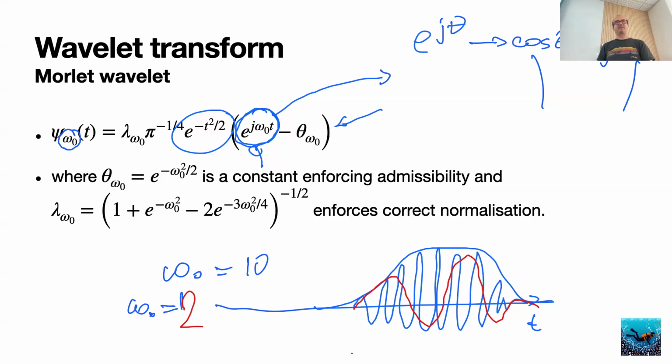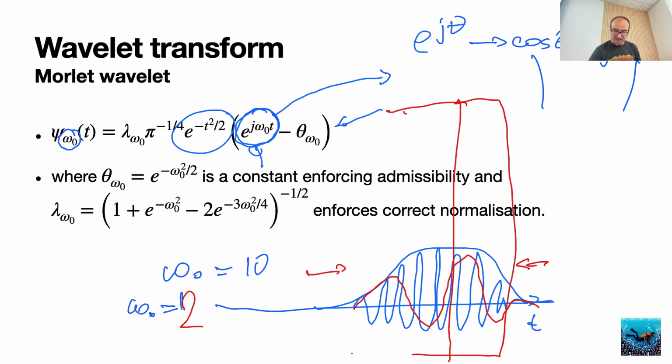And why is this important? Well, imagine I have the red one with very, very few oscillations inside. If I want to find a high frequency component, I will have to squeeze this red thing really tight. But when I start squeezing it in time domain, because of the Heisenberg uncertainty principle, the frequency domain will start to spread out, as if this has to be always like a rectangle with constant area.